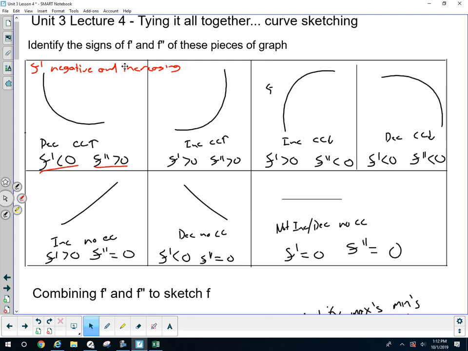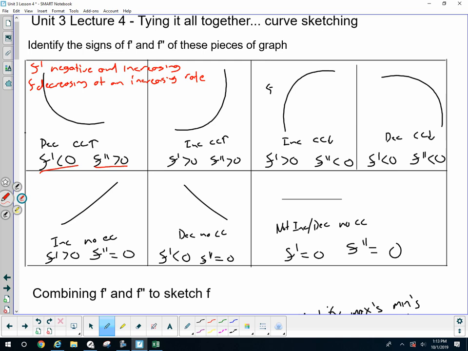Another way to say the same thing is f is decreasing at an increasing rate. This is actually the same as f prime being negative and increasing. It's the same as f prime being negative and f double prime being positive.